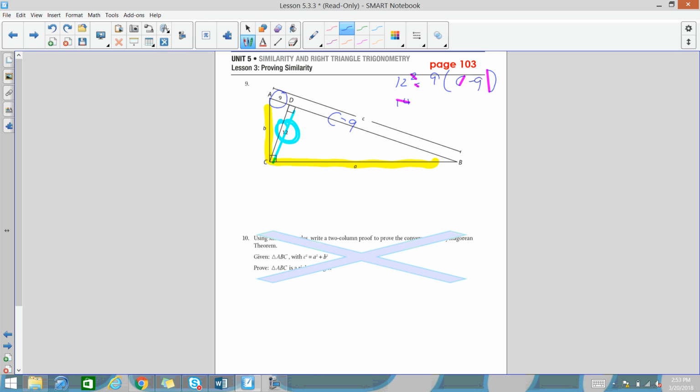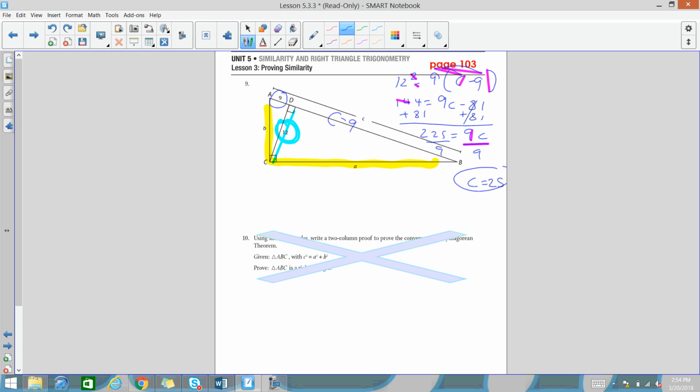So 12 squared equals 144, equals, now you distribute the 9, so you're going to get 9C minus 81, because 9 times negative 9 is negative 81. We'll add 81. So you'll get 144 plus 81, so you're going to get 225 equals 9C. Divide by 9, and you're going to get C equals 225 divided by 9 is 25. Bam. So we got C here.